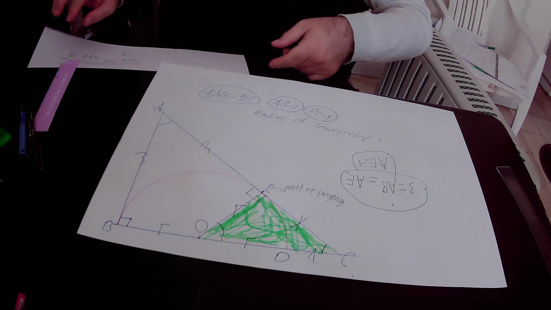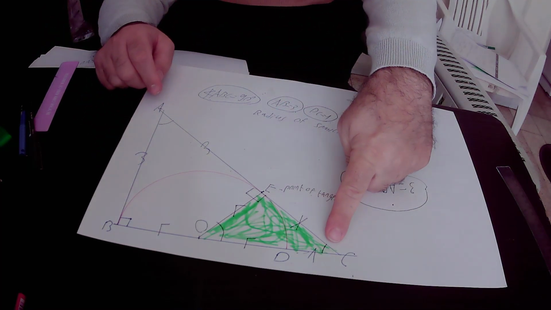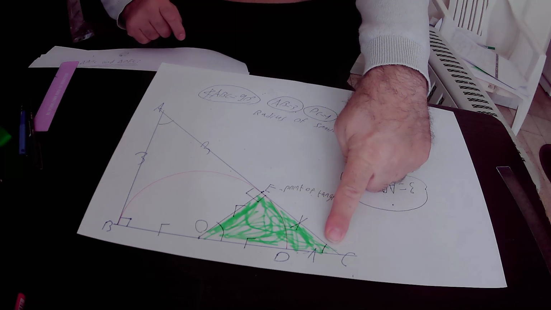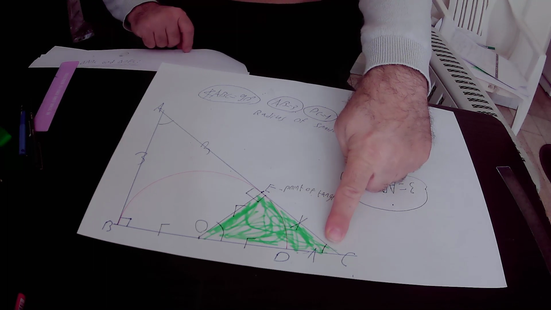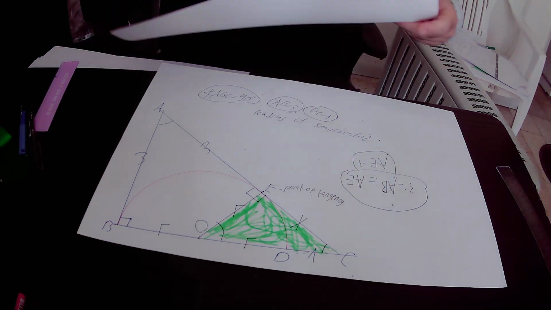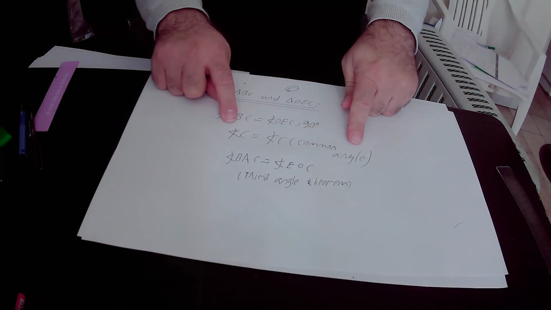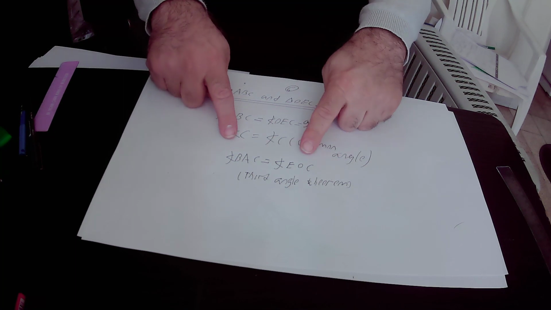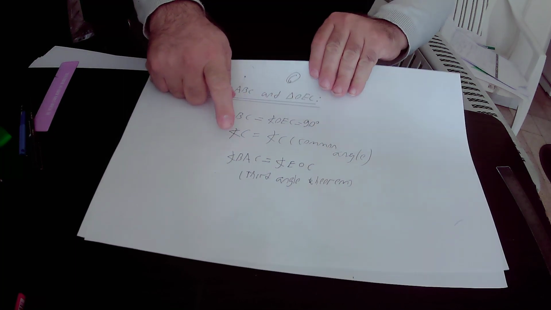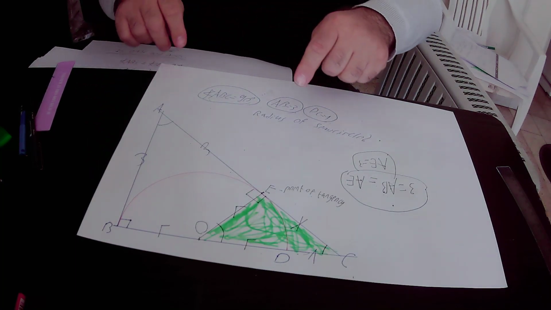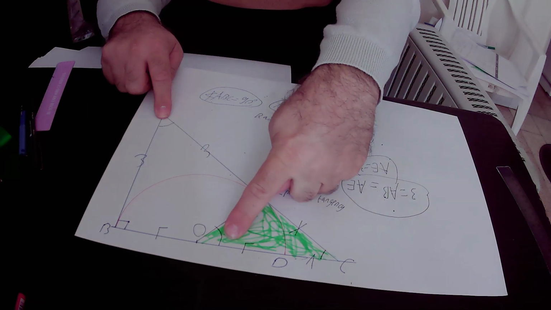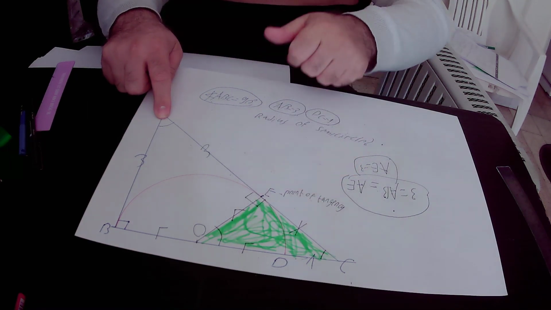And we also know that angle C equals angle C is a common angle that belongs to both triangles. And also angle BAC equals angle EOC. Those two angles are equal to each other according to the third angle theorem.